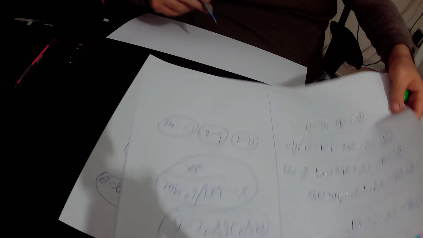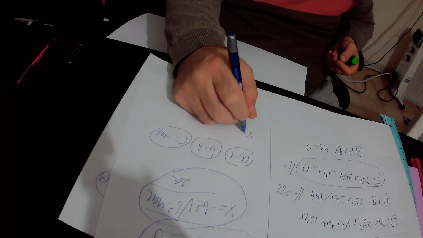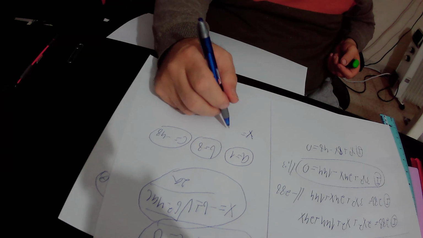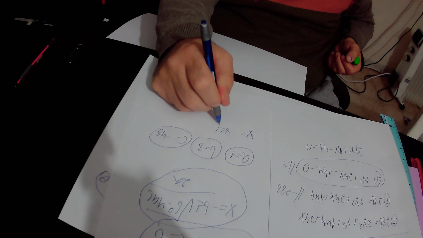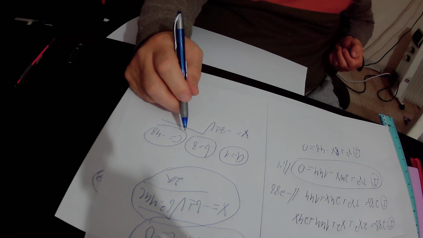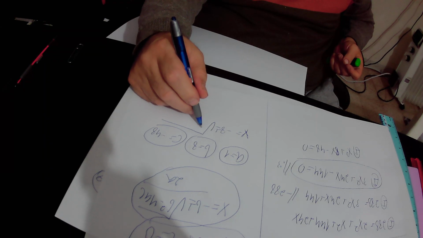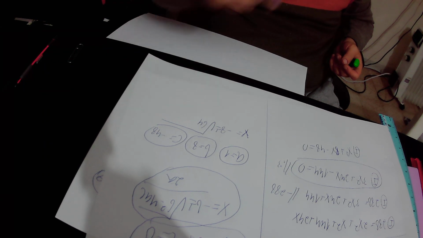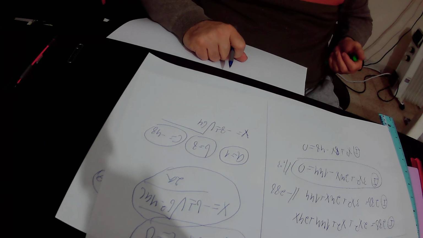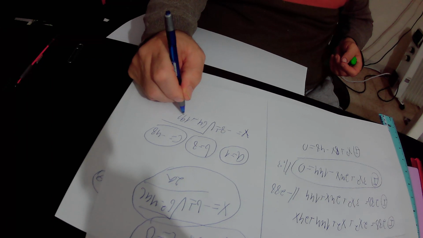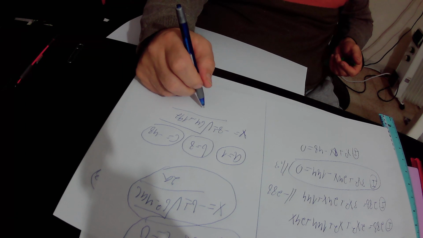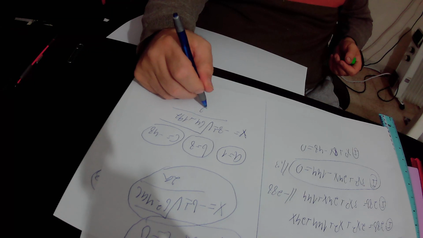So we do it now, and we get that x equals minus b. b is 8, so minus b is minus 8, plus minus square root of b squared. b is 8, therefore b squared is 8 squared, that is 64. Minus 4 times a, a is 1, so minus 4 times 1 is minus 4, and minus 4 times minus 48 is plus 192, divided by 2a. a is 1, so 2a is 2 times 1, that is 2.